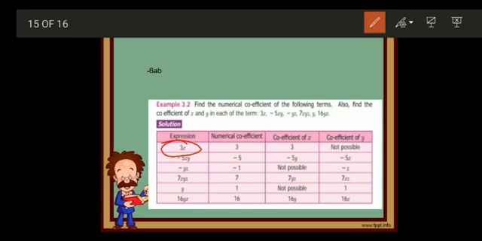So what is the numerical coefficient there? That is 3. Right. Coefficient of x, leave x, the remaining thing is 3. Coefficient of y, in 3x there is no y. So here the coefficient of y is not possible.